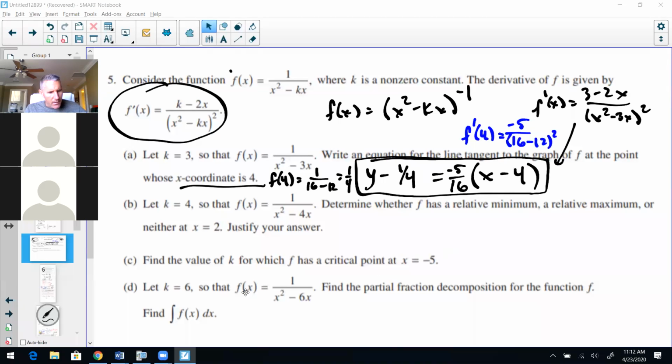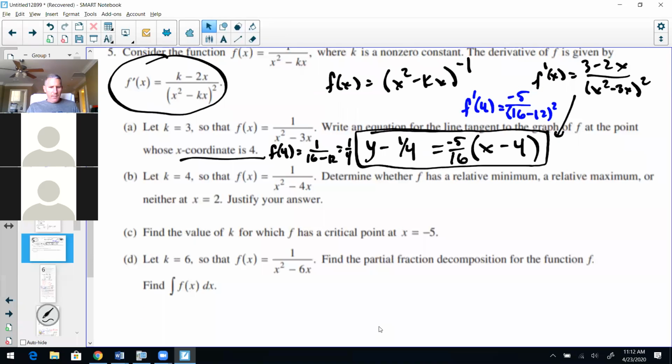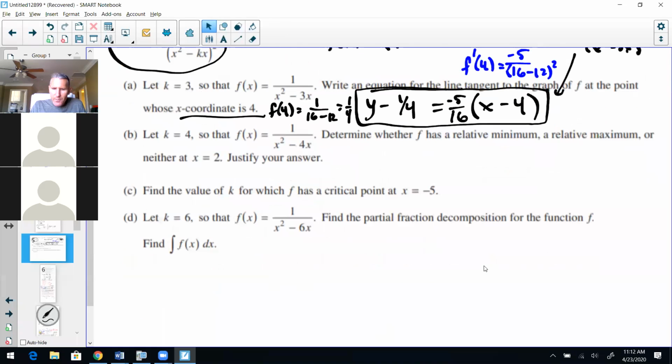And then you asked for 5D. Okay, so 5D says, let k equal 6. So now we have this function. Find the partial fraction decomposition for the function f, and then find the integral of f of x dx. Okay, so this is integrating by partial fractions.